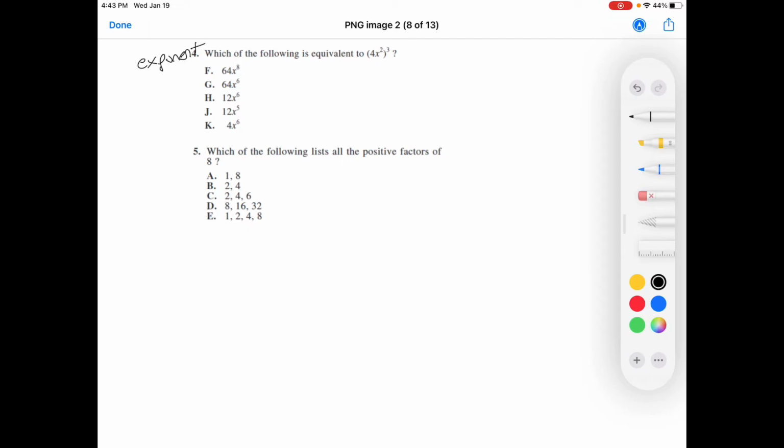Well, what this is saying is we're doing 4x squared times 4x squared times 4x squared. And so I'm going to multiply my coefficients together, 4 times 4 times 4. That gives me 64. And then for the exponents, I'm going to add those together. And so we'll get 64x to the 6th power.